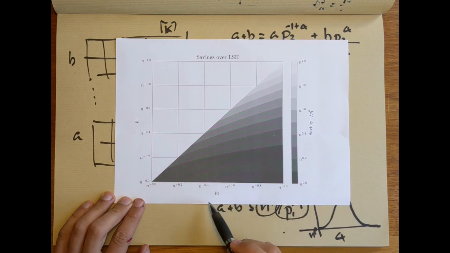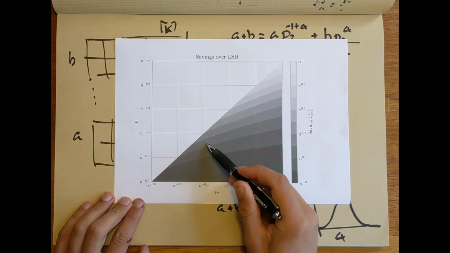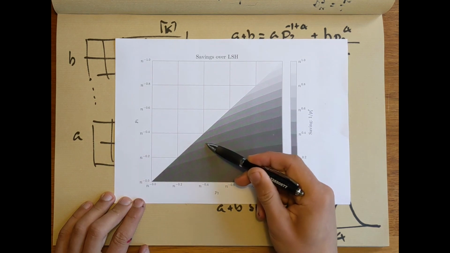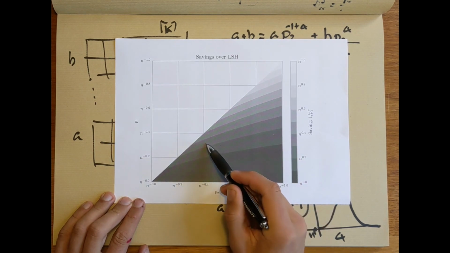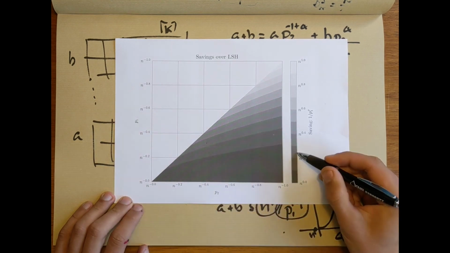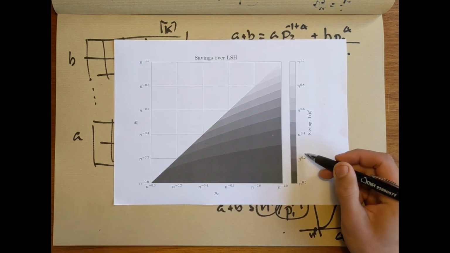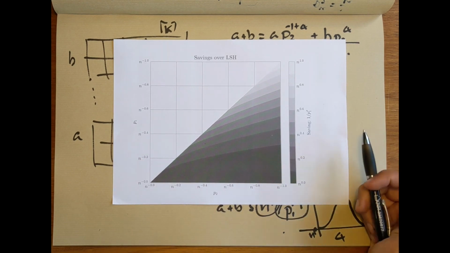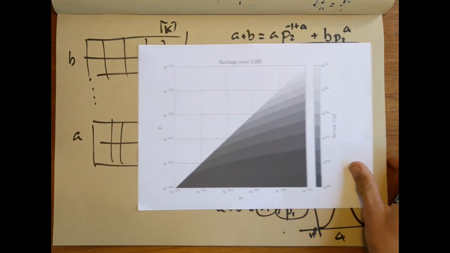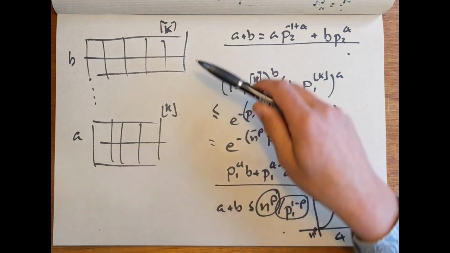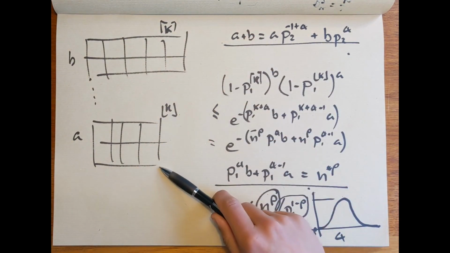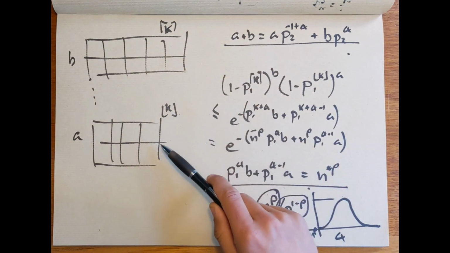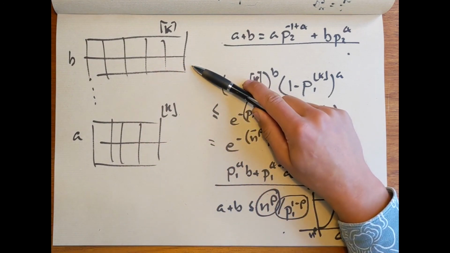And then if you have your p2, say you want a pretty precise approximation, maybe you will have p2 around n to the minus 0.4. So then we end up in this third spectrum here. So you actually save n to a quarter of each single query that you do to your data structure. All because you did this split in what I call the high probability buckets and the low probability buckets.